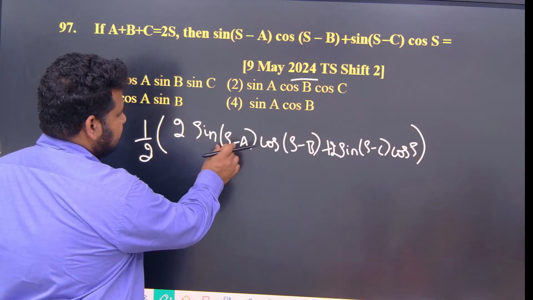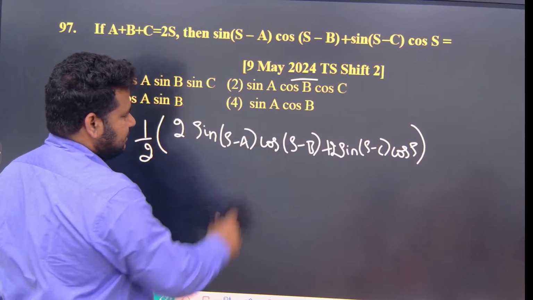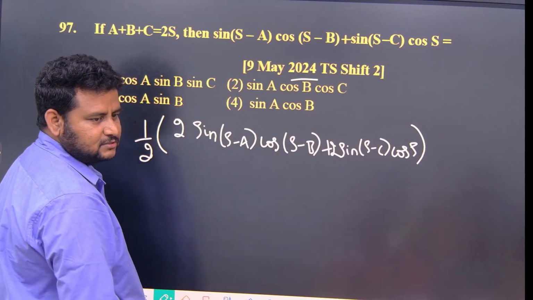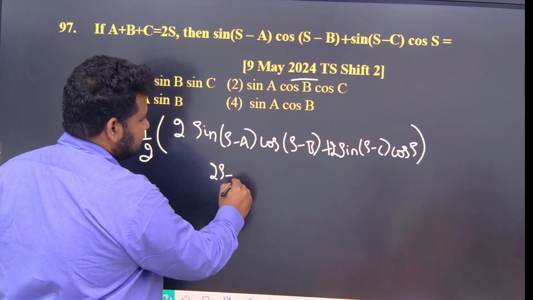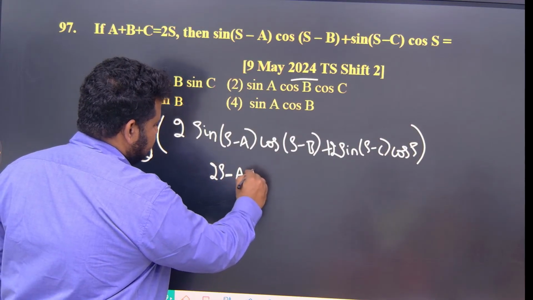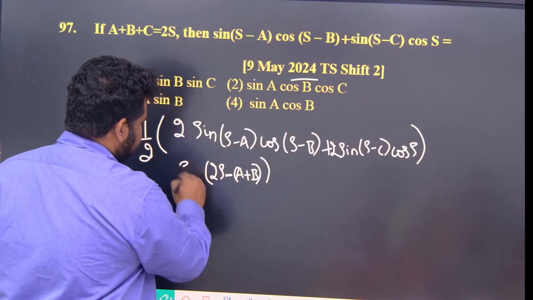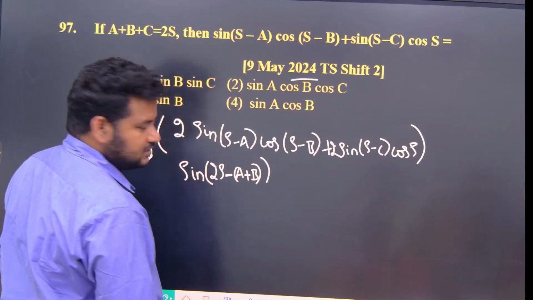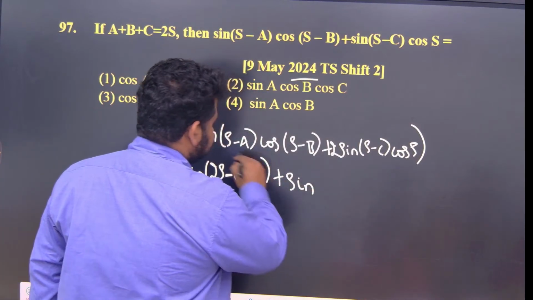Sin a plus b is what? s minus a plus s minus b. So s minus a plus s minus b, that is what? 2s minus (a plus b), I can take this bracket. Okay, this will be sin of that, plus sin of a minus b. s minus s will cancel.